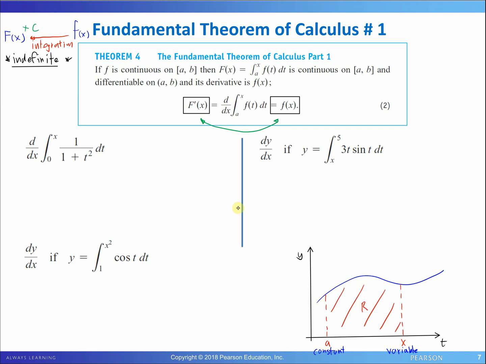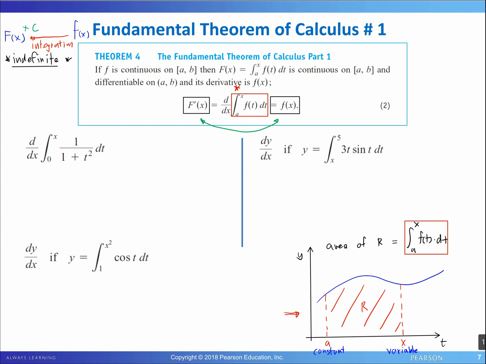And if I want to find the area of this region R, it's going to be equal to definite integral of this function f of t with respect to t from a to x, which is exactly the same as what we have up here in the box. And this term that we see in the red box up here can be represented or illustrated by this region down here.